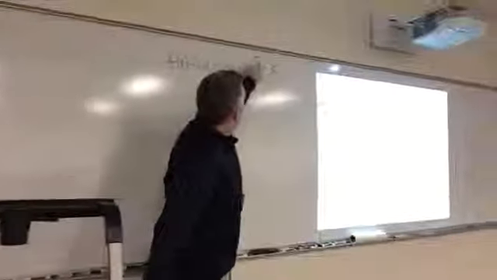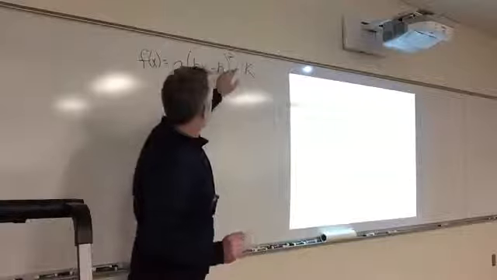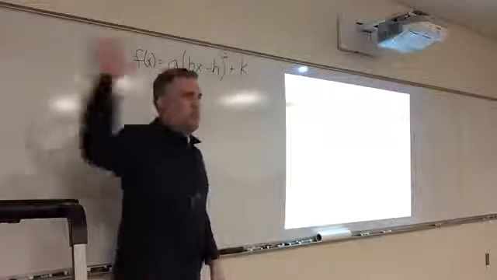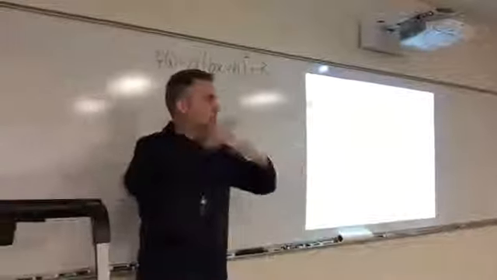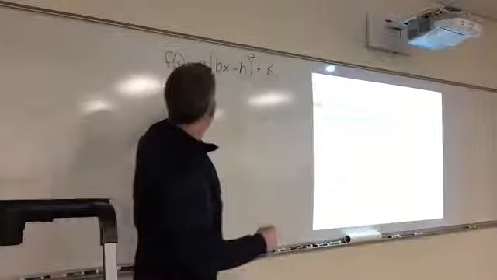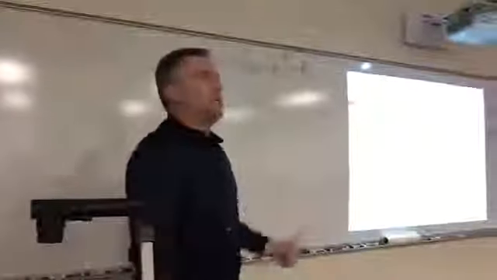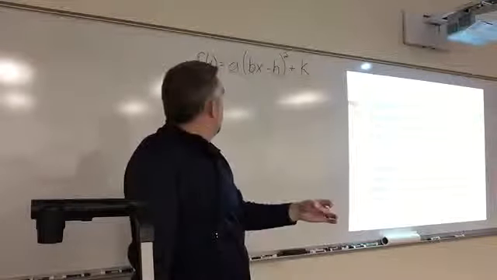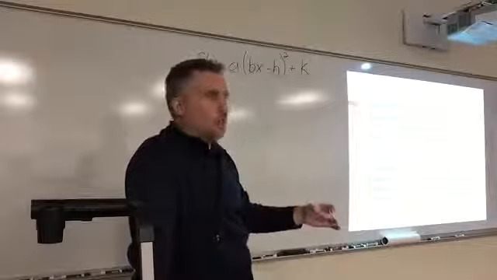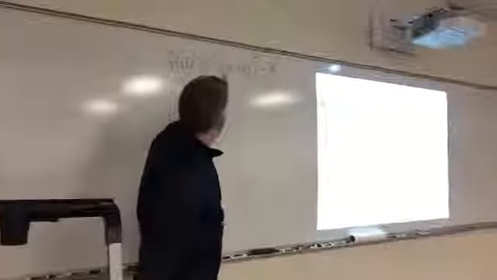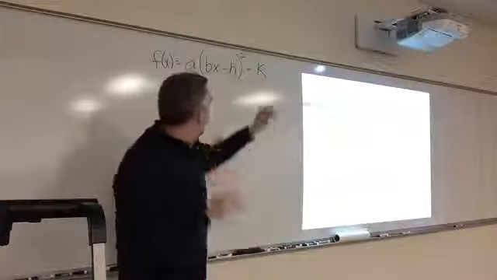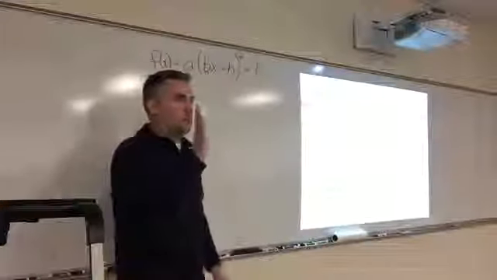So the 2, in my order of operations, whenever the square happens, that's the line from the before to the after, right? That's the parent function. So out of a, b, h, and k, which ones of them are manipulating before the square ever happens? B and H, right? This B would compress or stretch x. And H, we already know, is going to do what? Shift it.